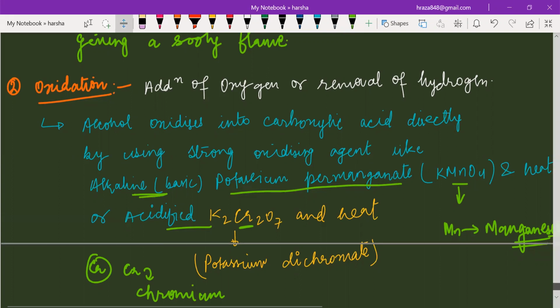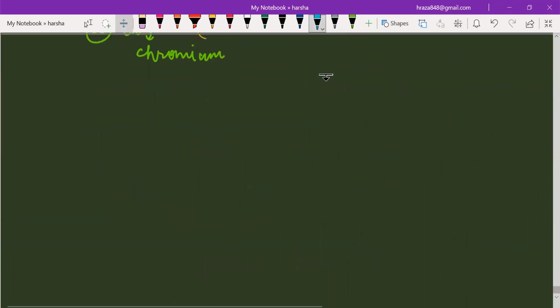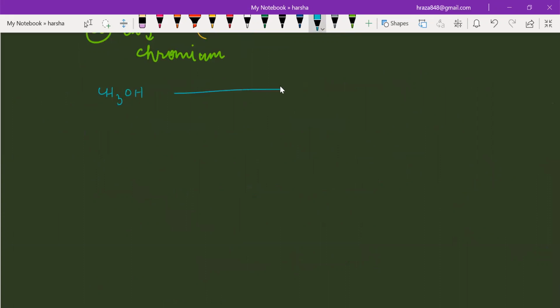Now see, if an alcohol, like you are going to take CH3OH, and you are going to use alkaline KMnO4, as you can see, either it will be written here alkaline KMnO4 plus heat, or either it will be written acidified K2Cr2O7 plus heat.